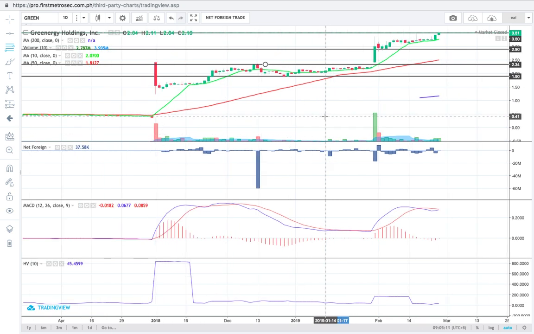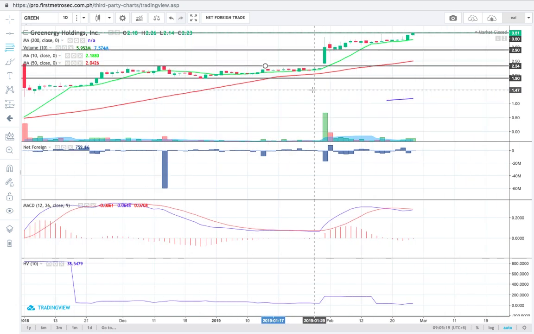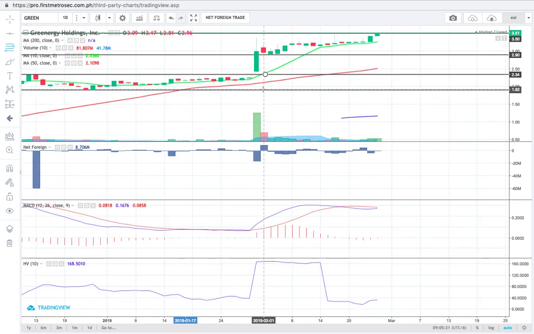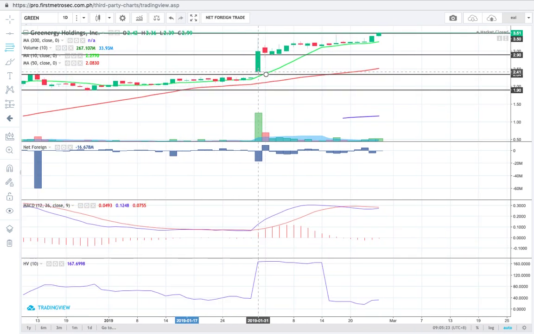So without going as far as 0.36 to 0.39 way back May 2015, I would rather choose this one, this opening price at 2.42 last January 31, 2019. It's more recent. Well, of course, it's more recent than 2015.